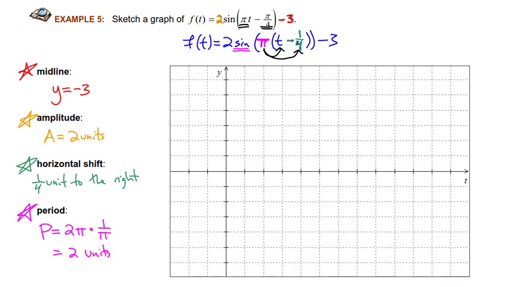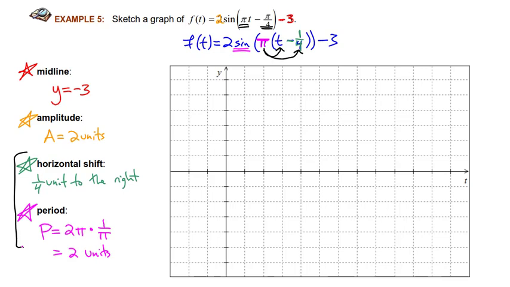Okay, now that we have these 4 features of the graph, we can draw it. But first we'll want to get some scale on the axes. The horizontal shift and the period suggest what sort of scale is appropriate for the horizontal axis. In order to clearly label exactly where a 1/4 unit shift to the right is, we need to use multiples of 1/4 as our tick values.